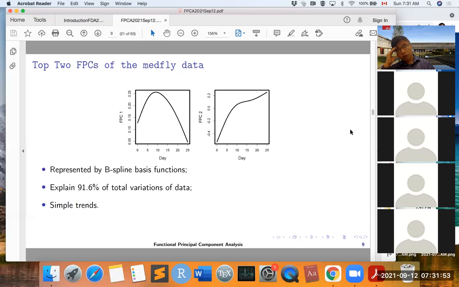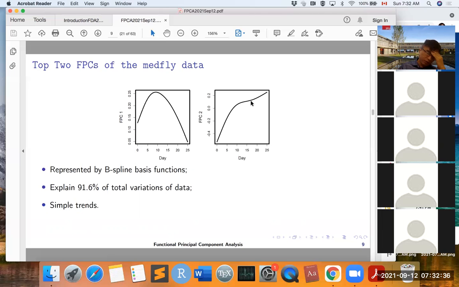One reason may be that the second LPC has to be orthogonal to the first LPC, right? So if the first LPC is positive over the whole range, then the second LPC has to be negative in some range and positive in some range, in order for the inner product of the two to be equal to 0, right? So that's one incomplete answer to this.